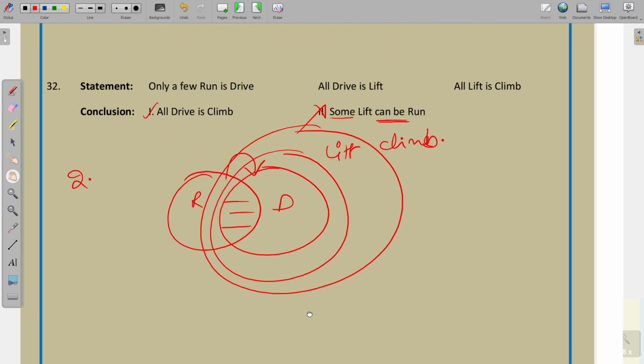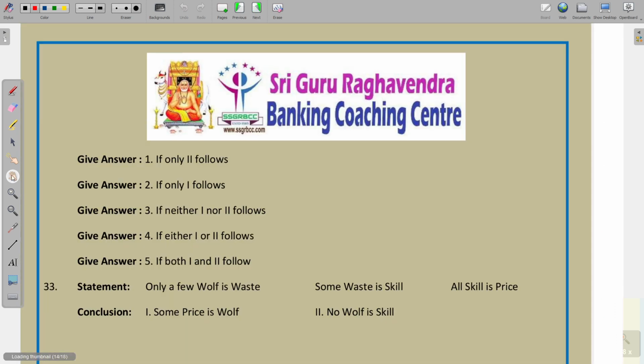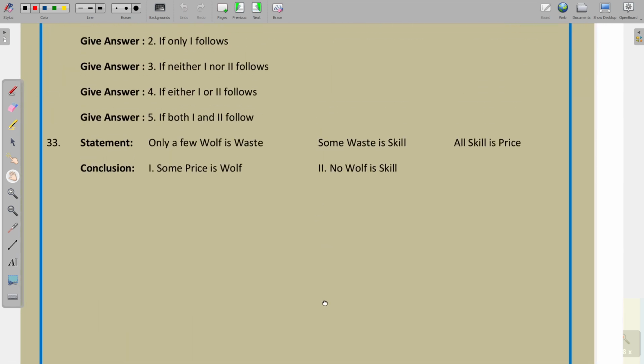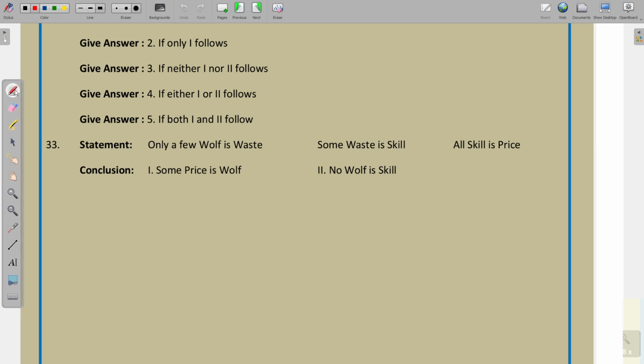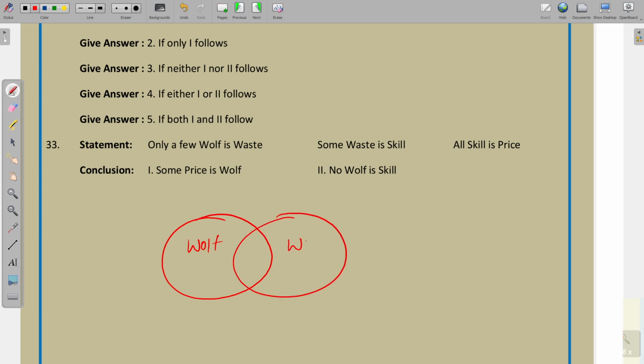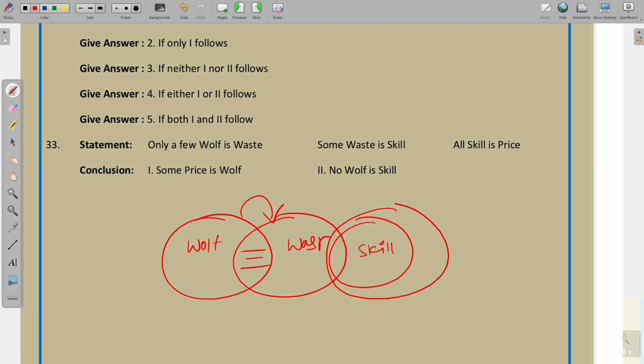Options కూడా ఒకసారి జాగ్రత్తగా చెక్ చేసుకోండి. Next, coming to the 33, only a few wolf is waste. Some waste is skill. All skill is price.